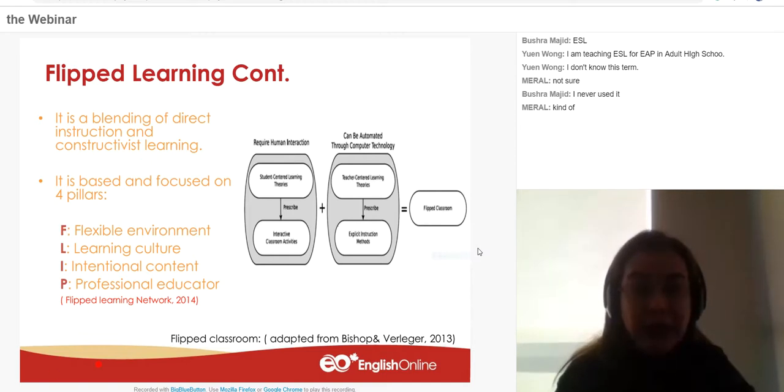And according to the Flipped Learning Network, there are 4 important pillars for flipped learning. Flexible environment, the part that the student works on outside of the classroom. Students can access the information they need 24/7, whenever they feel like listening to or reading the material or content they're supposed to learn.